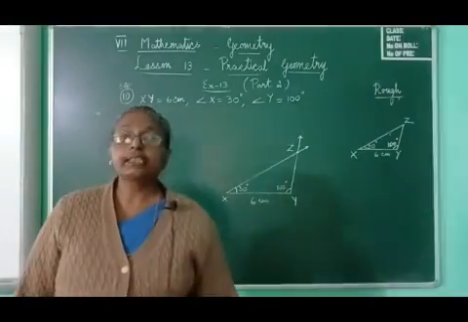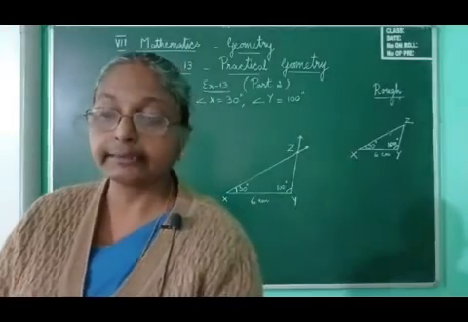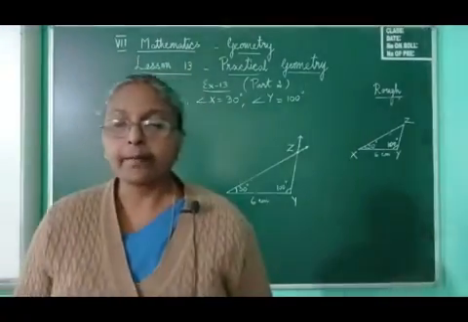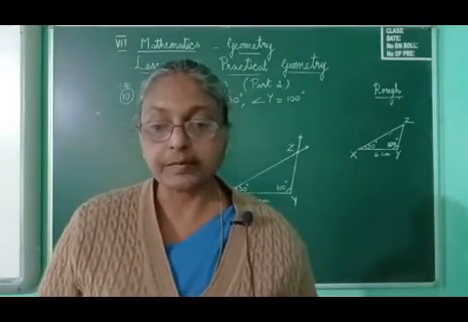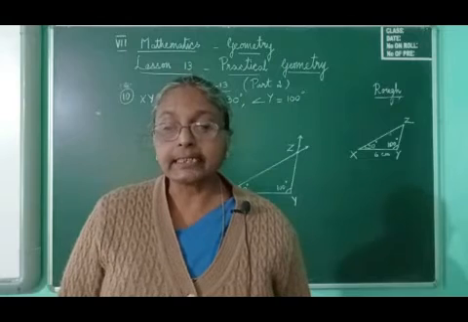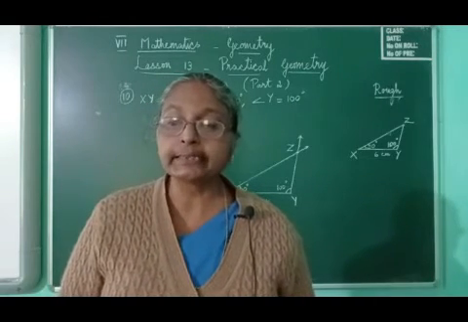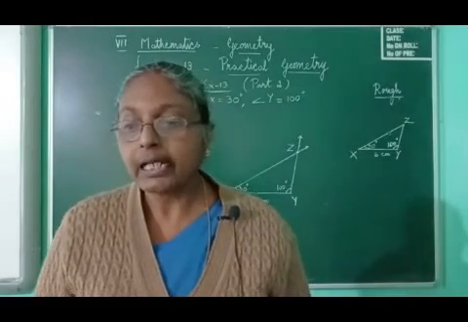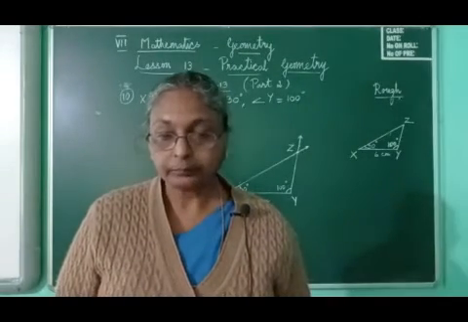And you can see in your book the 11th sum can be drawn in the same way, and only the 12th sum, I'll give you a little bit of explanation and you can do it by yourself. Construct a right angled triangle whose hypotenuse is 6 centimeters long and one of the legs is 4 centimeters long.